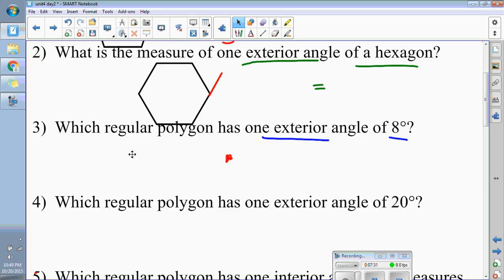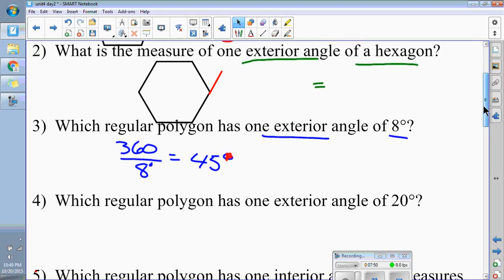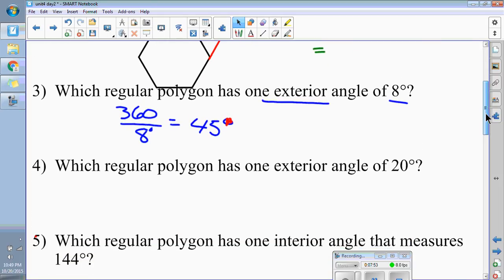If we say 360 degrees divided by the exterior angle, we end up with a total of 45 sides. Okay, 45 sides on that figure. So again, all you need to know is that exterior angle. Anytime it talks about exterior, you can just deal with it just the way it is.